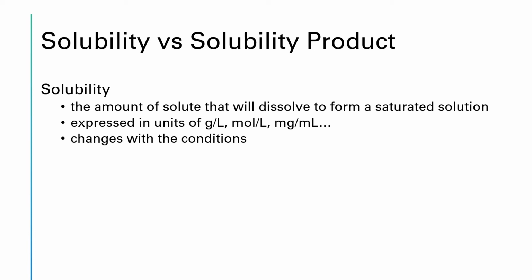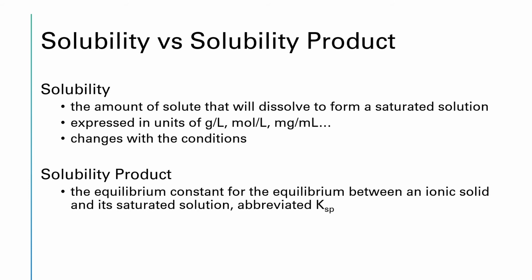And solubility can change with conditions. We saw how the solubility of a solid in a liquid changes dramatically with temperature for some species, so that if you increase the temperature, the solubility in general will increase. Now, the solubility product is an equilibrium constant, right?